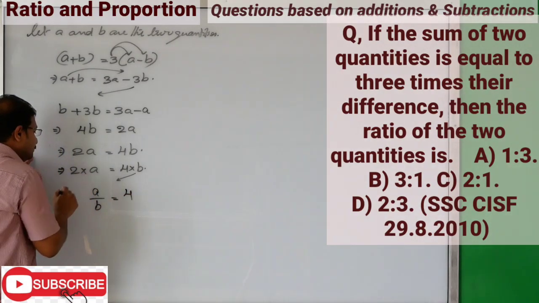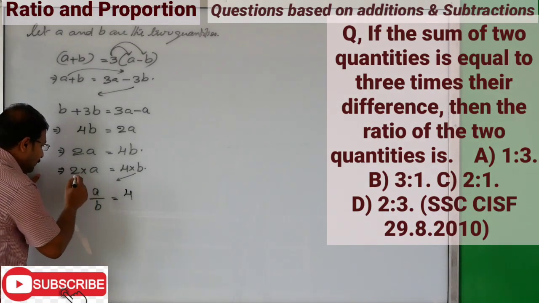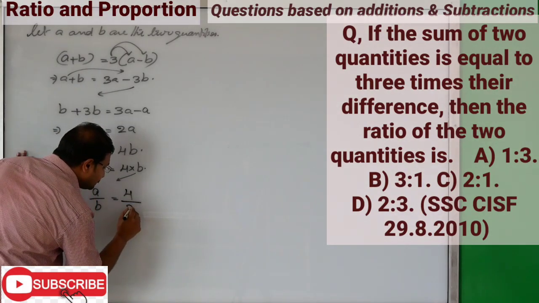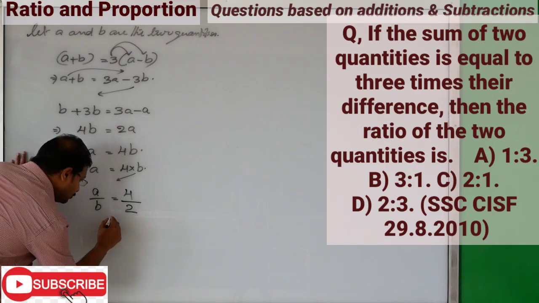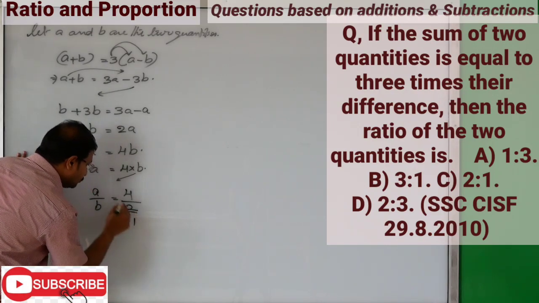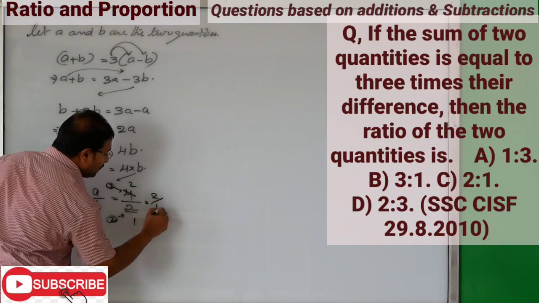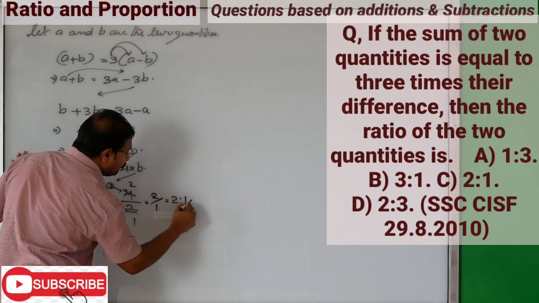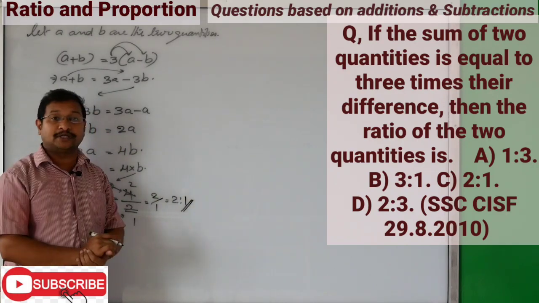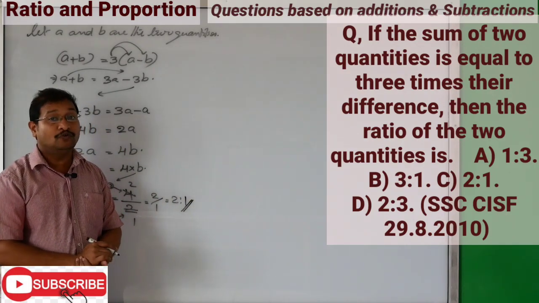This multiplying 2, if it goes to the next side, will divide. Now we'll cancel by 2. 2 1s are 2, 2 2s are 4. That means we got it. 2 by 1 equals 2 is to 1. That means the correct option is C, that is 2 is to 1.